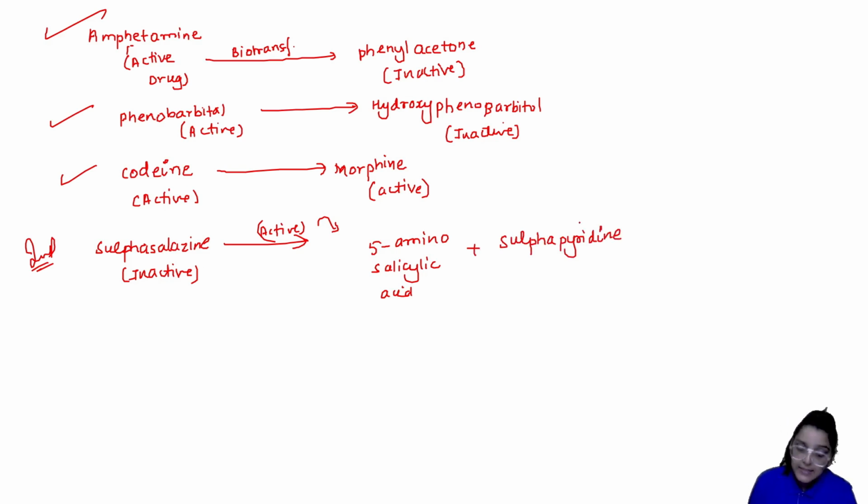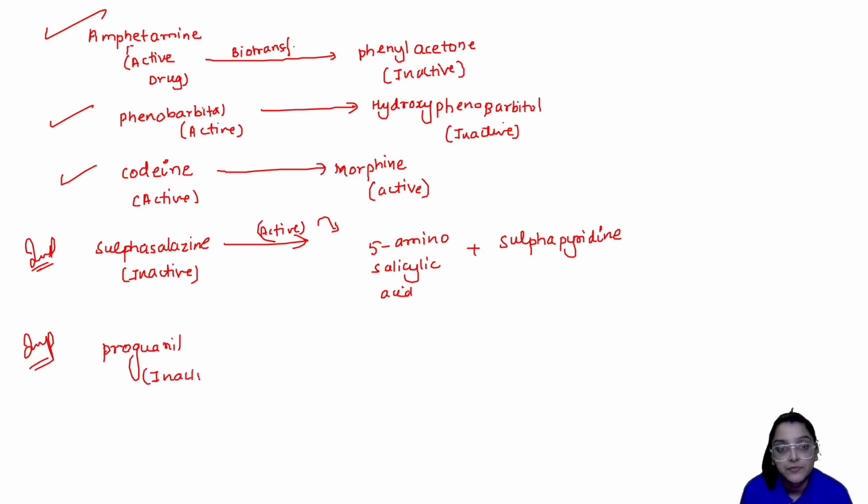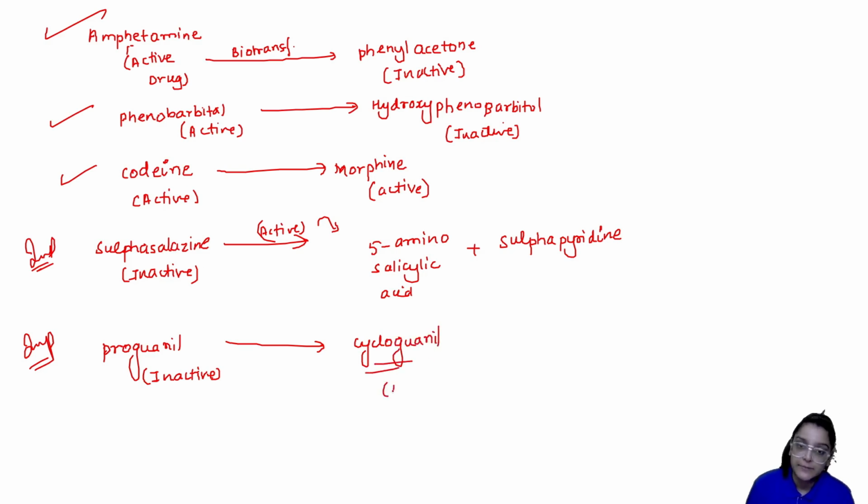These are the active metabolites. Another important example is proguanil, which is inactive. After biotransformation it is converted to cycloguanil, that is the active metabolite.